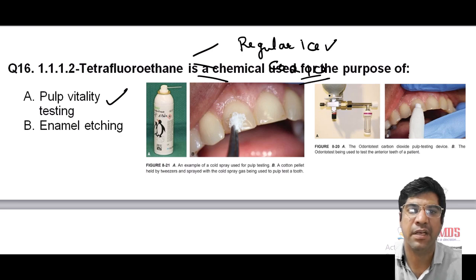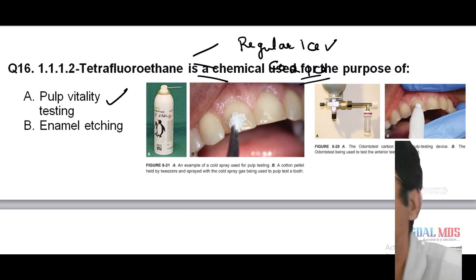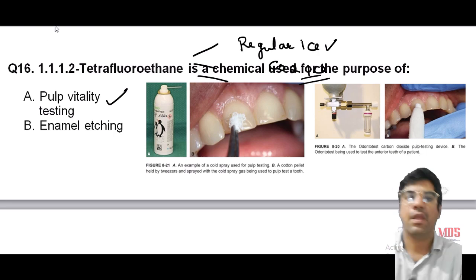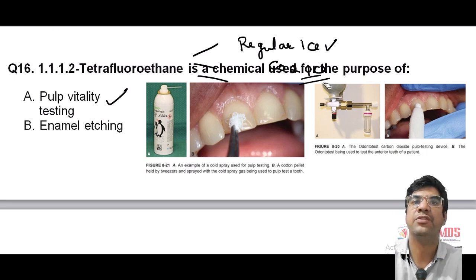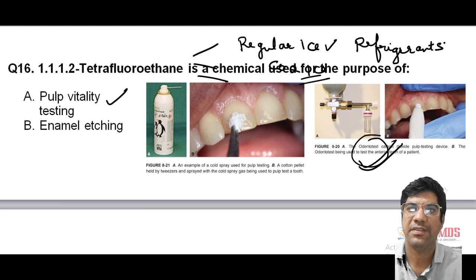This method involves special equipment to apply extremely cold carbon dioxide ice to the tooth. The device that we use is known as Odonto Test. Apart from that, we can use a refrigerant spray.